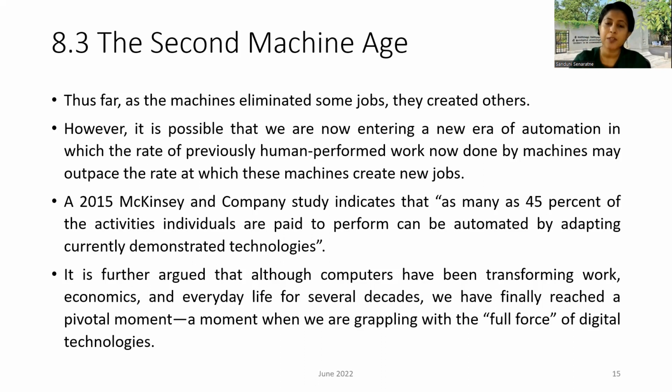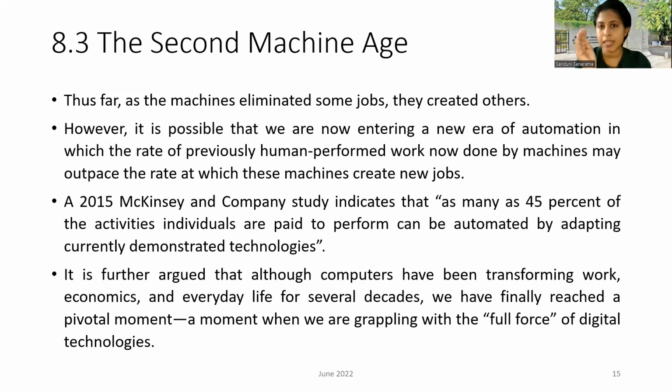However, it is possible that we are now entering a new era of automation in which the rate of previously human-performed work now done by machines may outpace the rate at which these machines create new jobs.